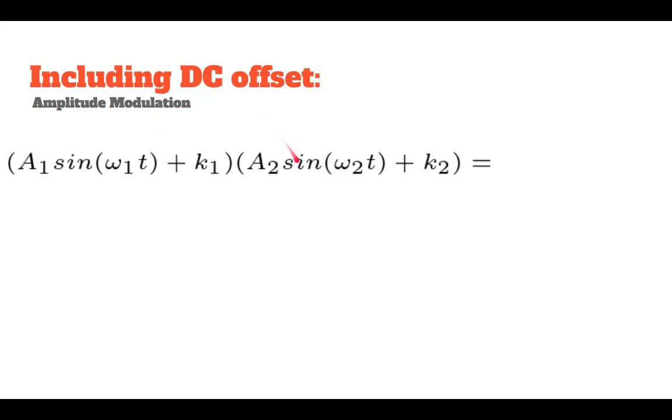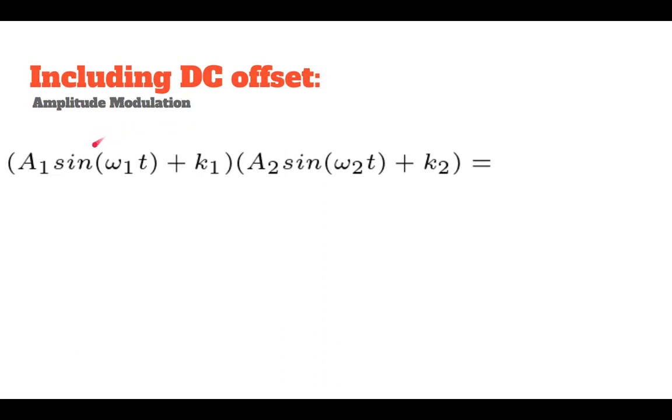So it seems pretty trivial. You have a sine times a sine. They're both centered about 0. But actually, things really start to happen when one of those is no longer centered about 0, or when both are no longer centered about 0. So thinking about it as simply a DC offset makes it seem kind of trivial, but you can see here that now all of a sudden I have to do some factoring, and I'm going to get 3 extra terms.